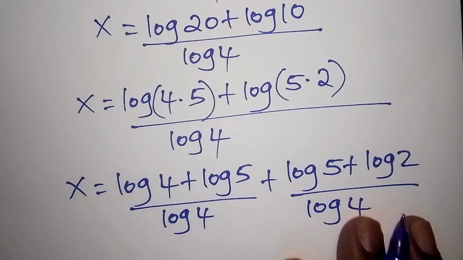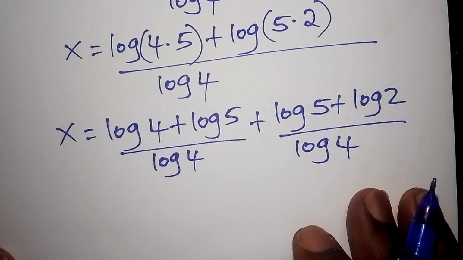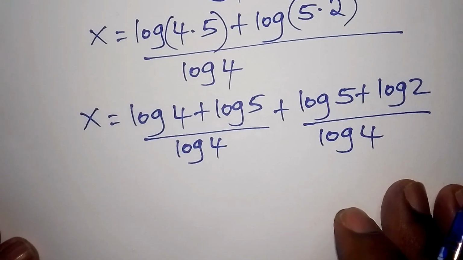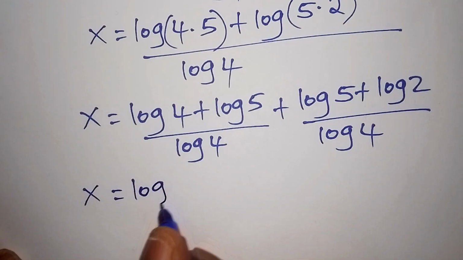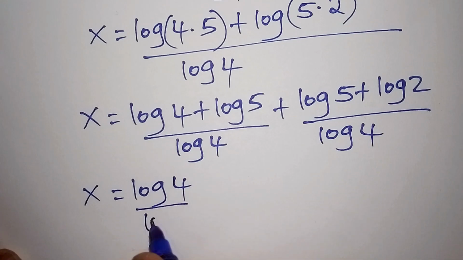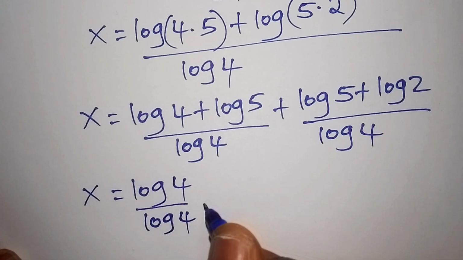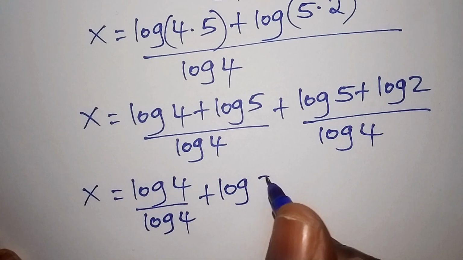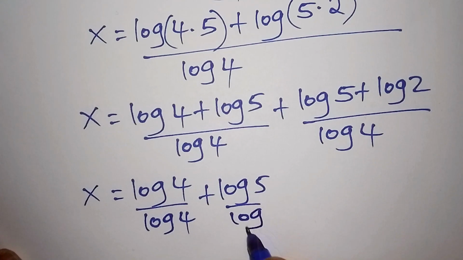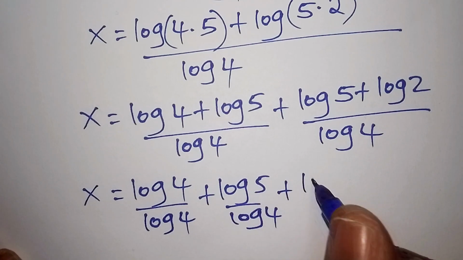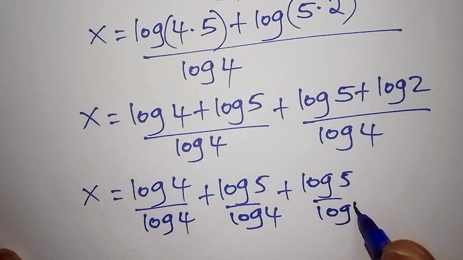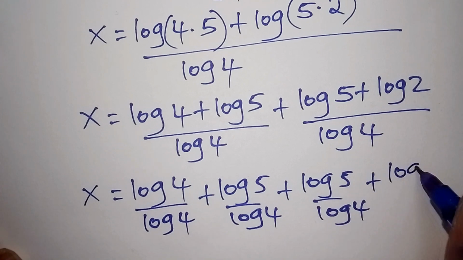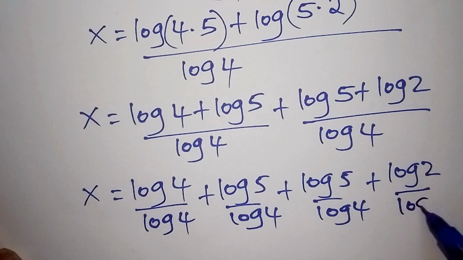So the value for x is equal to the log 4 all over the log of 4, plus the log of 5 all over the log of 4, plus the log of 5 again all over the log of 4, plus the log of 2 all over the log of 4.